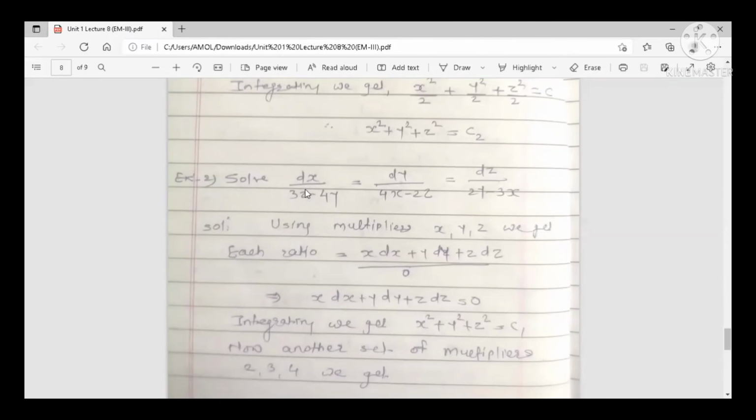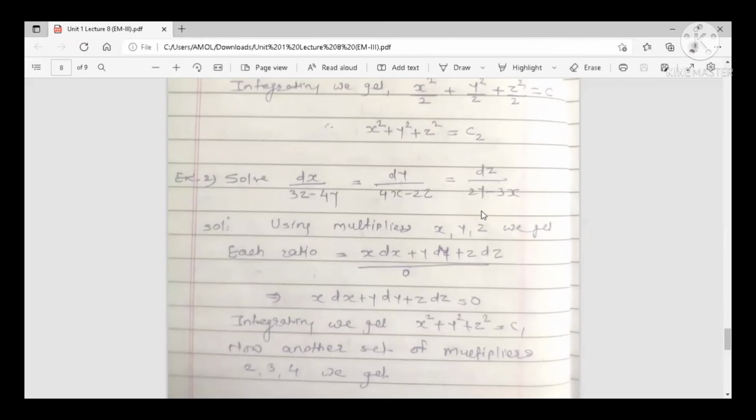If we multiply the first denominator term by x, the term will be 3xz minus 4xy. The middle denominator term, you multiply it by y, 4xy minus 2yz, and the third term, you multiply it by z, 2yz minus 3xz.